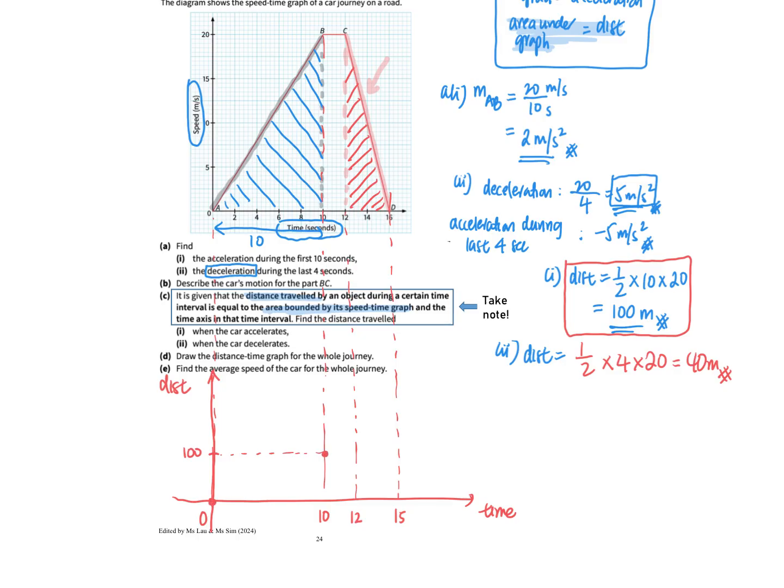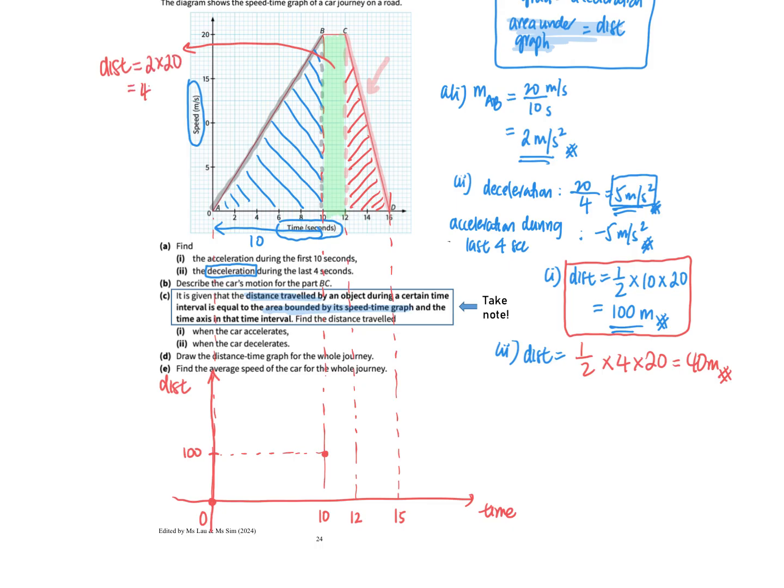Okay? Then next part, it's for this next portion here. Although it was not accelerating, it was moving at a fixed velocity, right? There was no acceleration at that point in time. The car was still moving. So the distance traveled for this portion is just the area of the rectangle, which is 2 times 20.